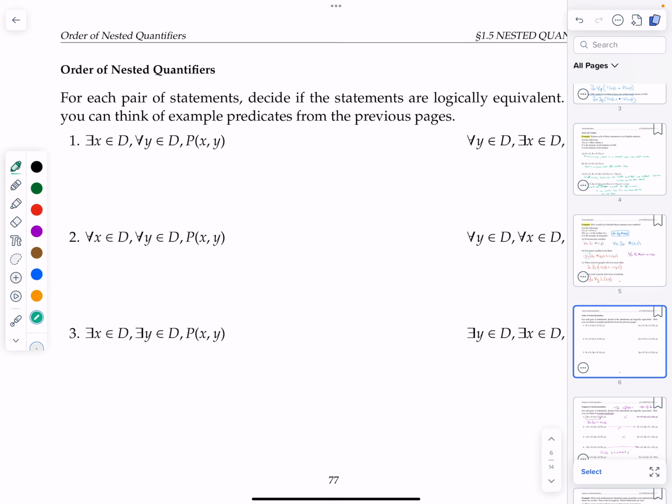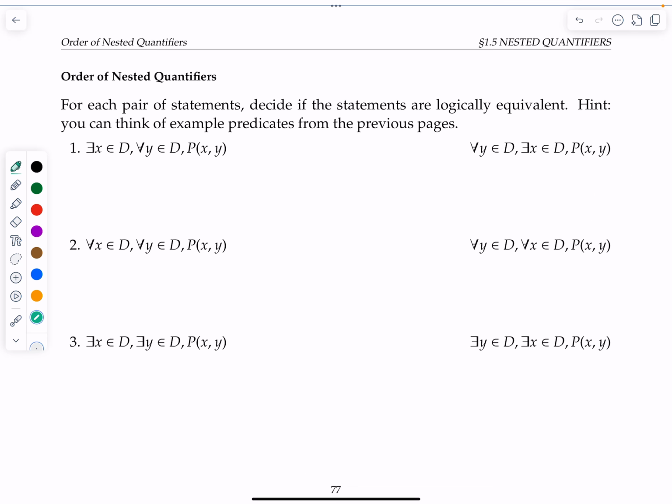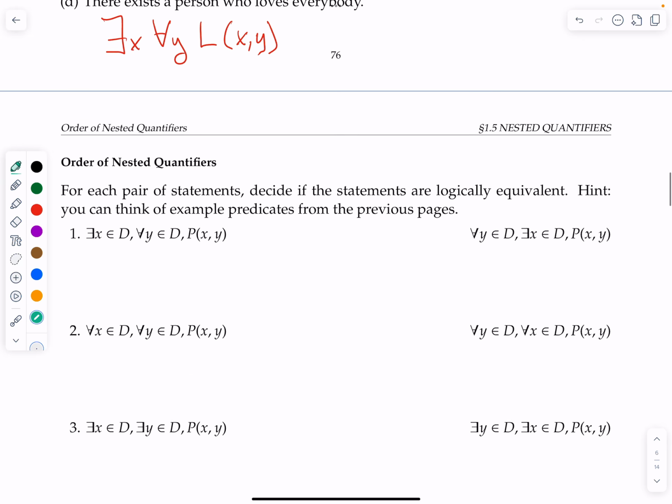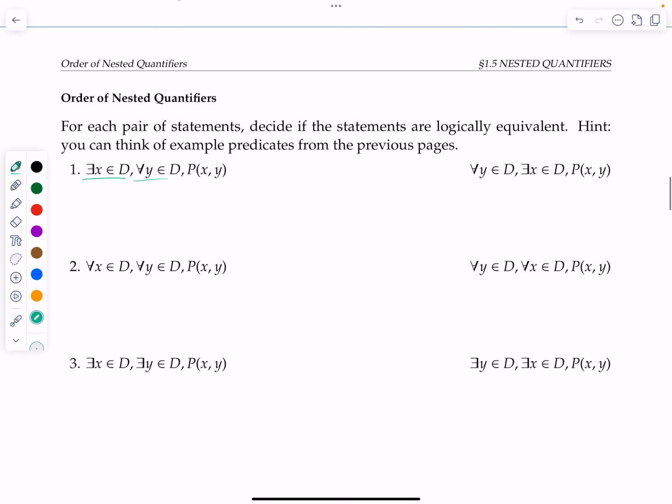There it is. Moving on to this page. I want to know if these two are logically equivalent. So notice that the order, this is kind of important, the order of the nested quantifier matters. So here, there exists a student such that for all cuisines, oh wait, this is no longer students and cuisines, is it?